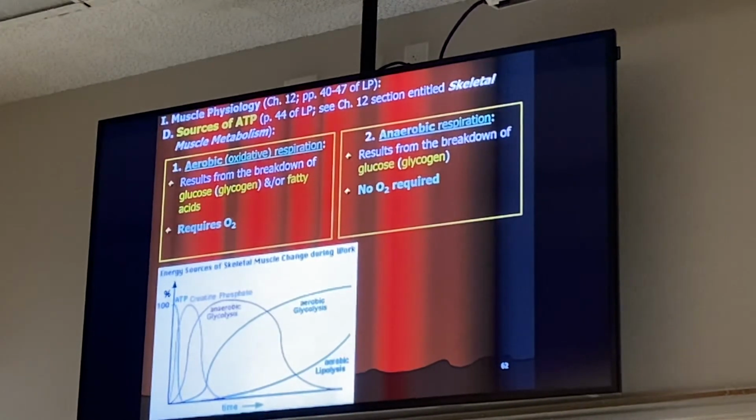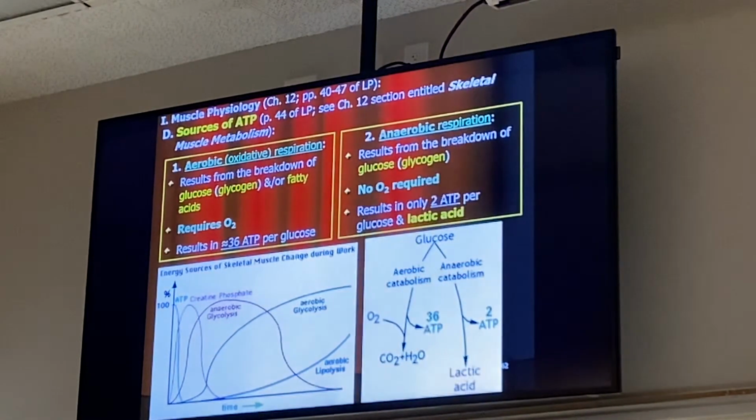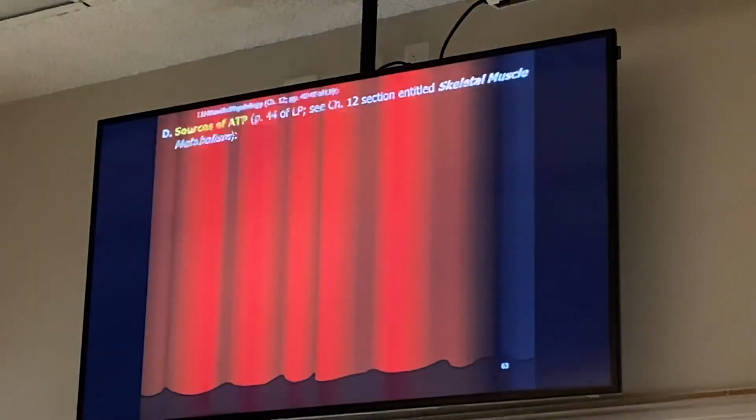You can use protein if you have to. Anaerobic respiration, you can only use glucose. Remember, you get the big payoff in the electron transport chain, and you get 36 ATP for glucose, and that's why this is almost indefinite. You have plenty of ATP. For anaerobic respiration, you're only having 2, and then you're building up lactic acid, which is why you can't do that for very long.